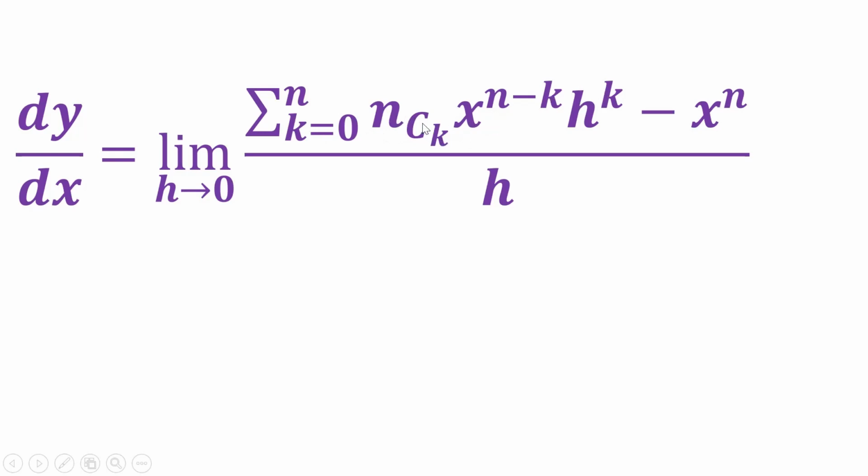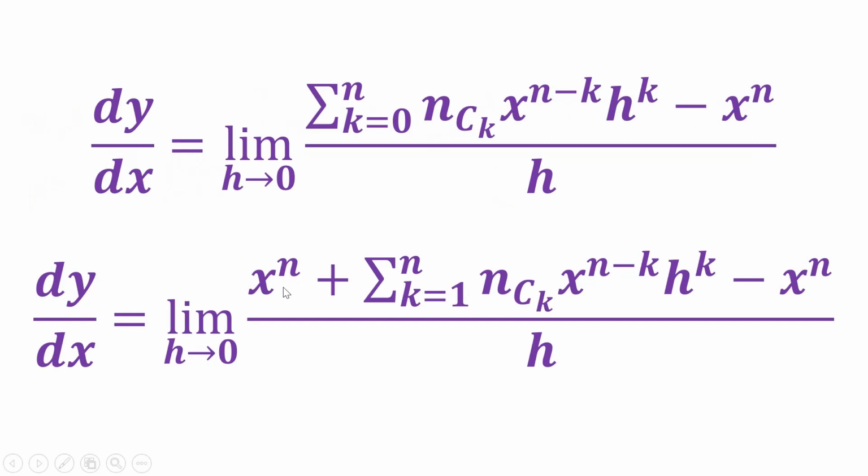Now remember, n combination 0, because k is now 0, is 1. x will be x, n is n, minus k, which is now 0, and that will give us x to the power n. When we come here, it will be h to the power 0, and that will be 1. So the first term where k equals 0 is just x to the power n.